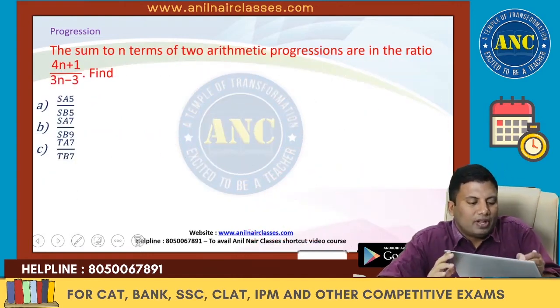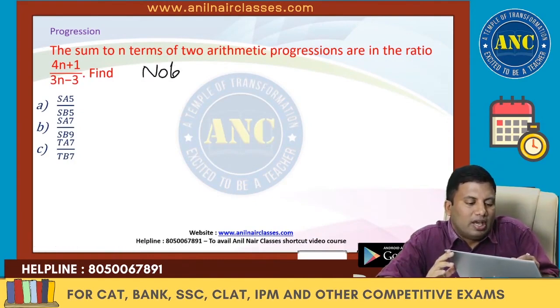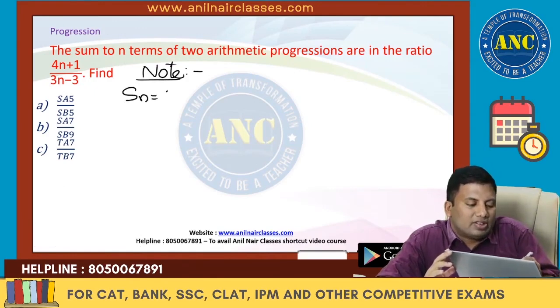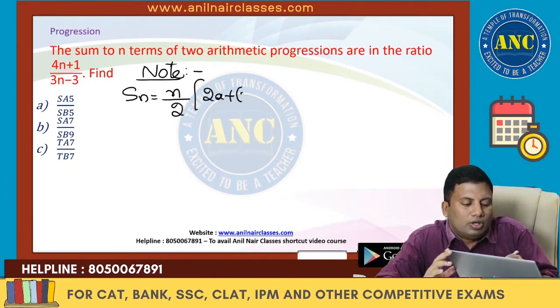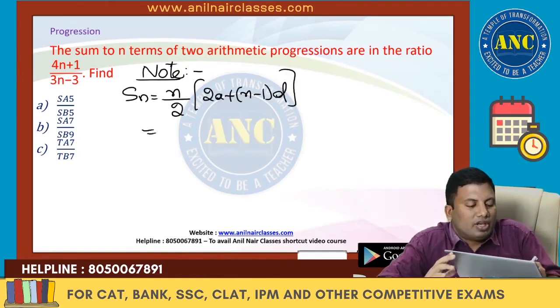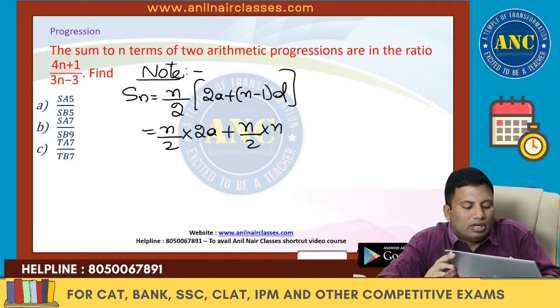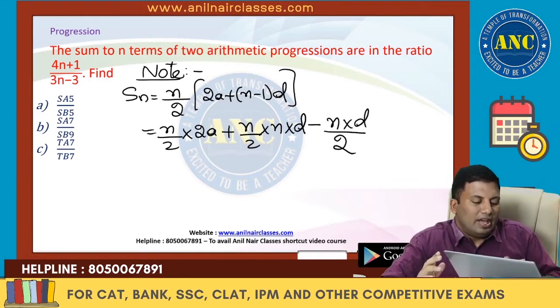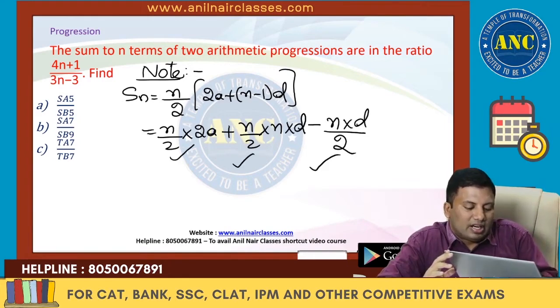First thing, please make a note of it for every problem. Sn is nothing but n by 2 into 2a plus n minus 1 into d. This is nothing but n by 2 into 2a plus n by 2 into n into d minus n into d by 2. Every term contains n. Am I right?